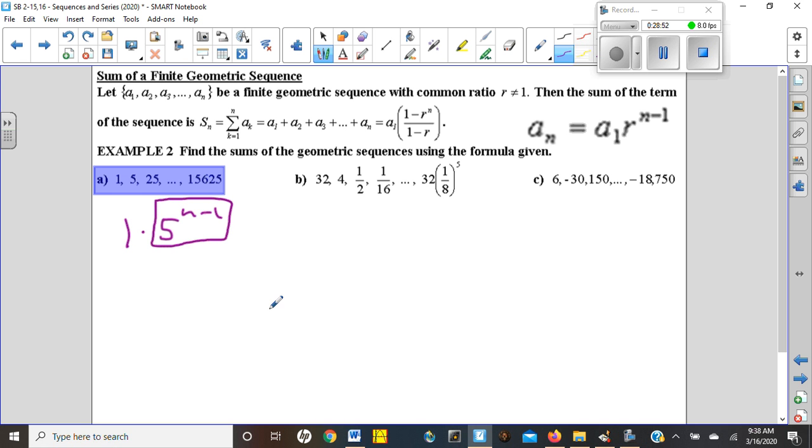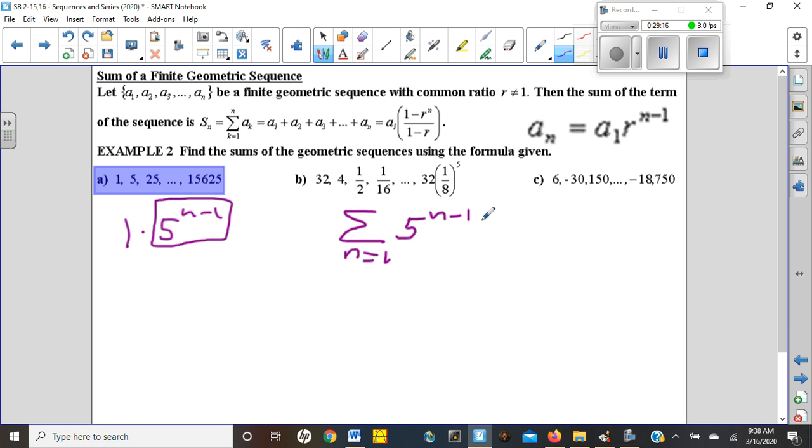Seems a little weird not to have that 1 in there, but remember that when that first term goes in, 1 minus 1 becomes a 0, and anything raised to the 0 gives us the 1 we needed to start with. So we're gonna have the sum starting at 1 of 5 to the n minus 1.